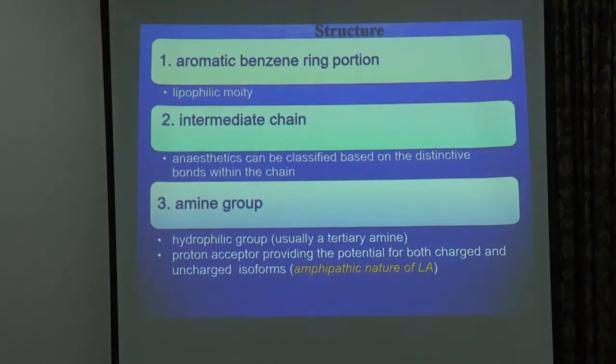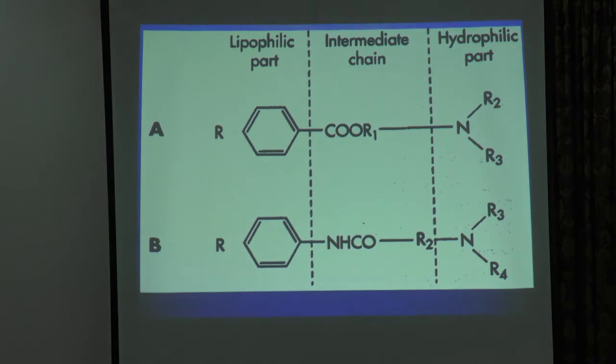Their structure, you need to know that there are three main parts. They have an aromatic or a benzene ring portion, and then an intermediate chain, and then an amine group side. So if you look at this, this side is the aromatic or the benzene portion of the structure.